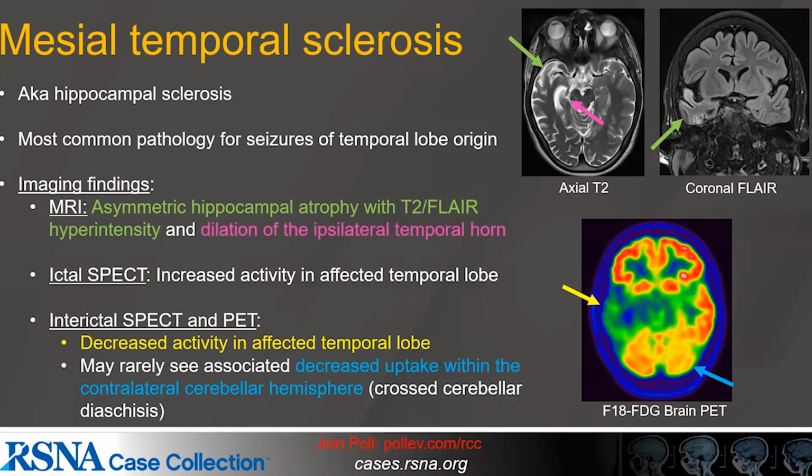On ictal SPECT, in which the patient is injected while they are having the seizure, you expect to see increased activity in the affected temporal lobe as the seizure emanates from this area. While if you're doing interictal SPECT or PET, as in this case, which are obtained in between seizures, you would expect to see decreased activity, which is marked with the yellow arrow in this image.